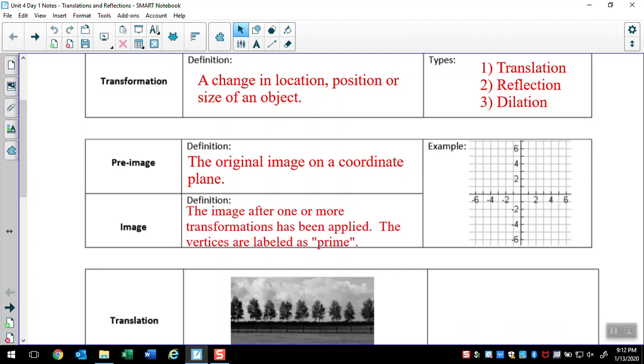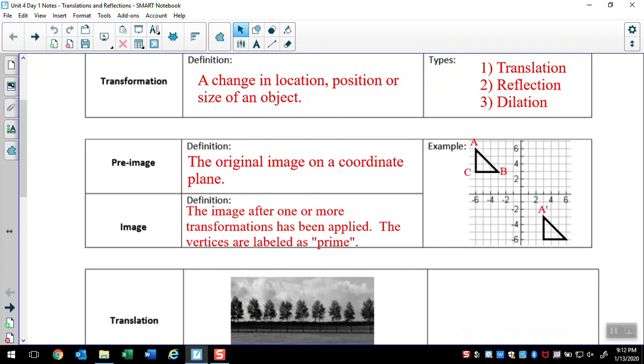So an example would be, if I had a triangle that I labeled as A, B, and C. If I can find my C. There it is. All right, now, if I were to perform some type of transformation and it ended up down here, so it changed position, I would then label it as A prime.